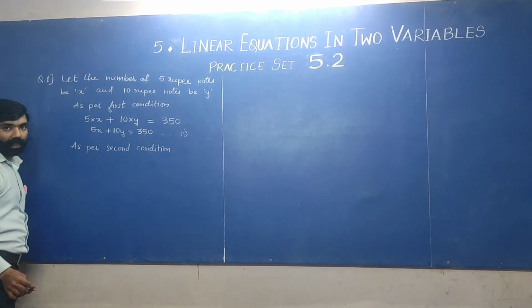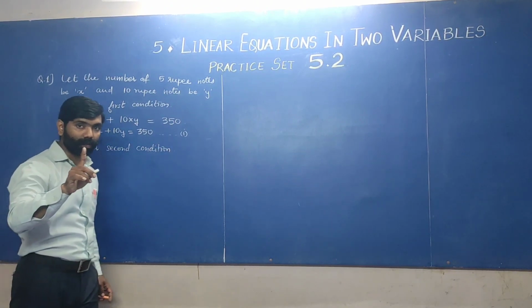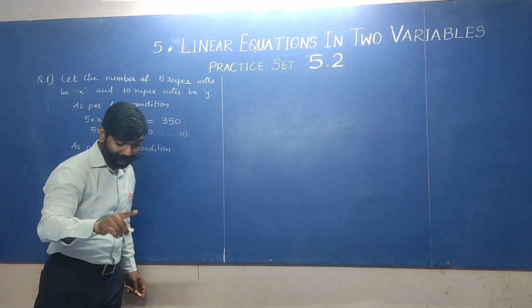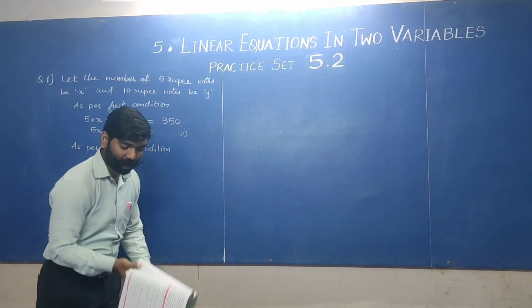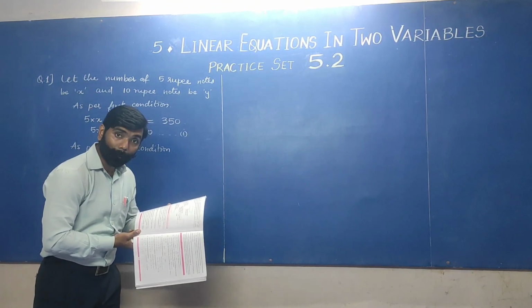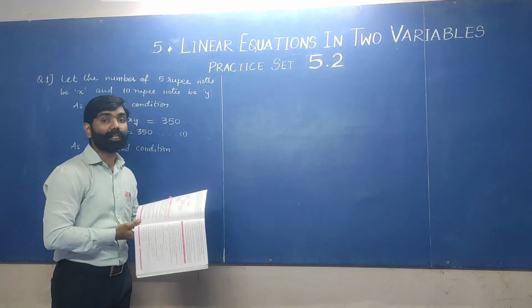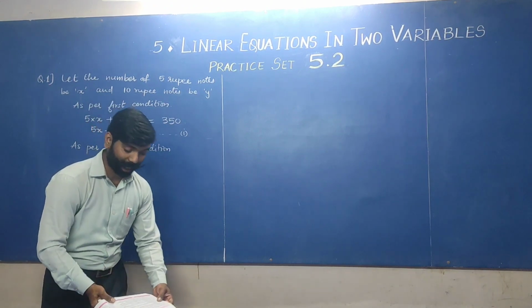Now what is the condition? As I have changed the question, keep in mind students, the question is saying 5 rupee notes are less, but what we have to take? It should be greater, so we will take plus.